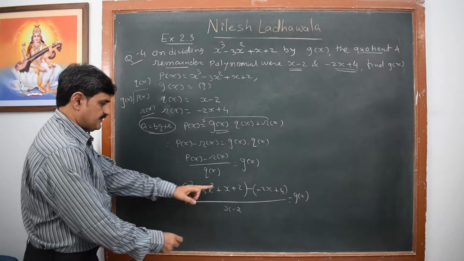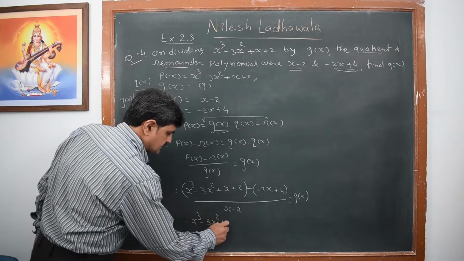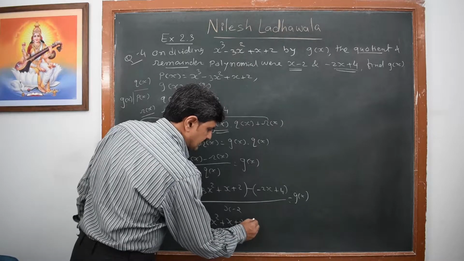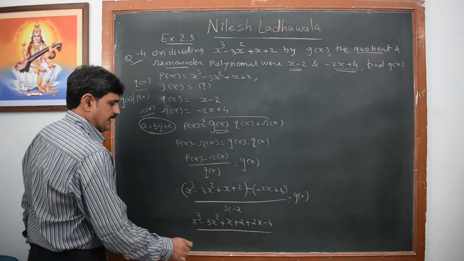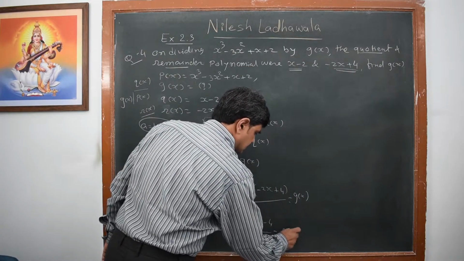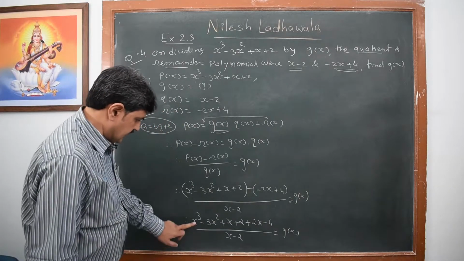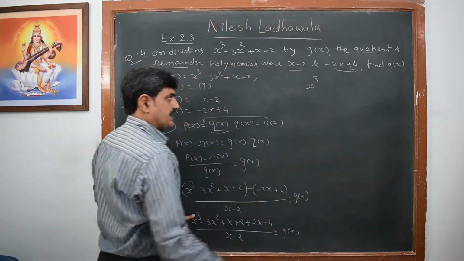Now I will simplify this. So we have x cube minus 3x square plus x plus 2, minus into minus is plus 2x, minus into plus will be minus 4, upon x minus 2, and that is equal to g of x. Now I will simplify the like terms. There is only one term with x cube, so I will write x cube as it is.